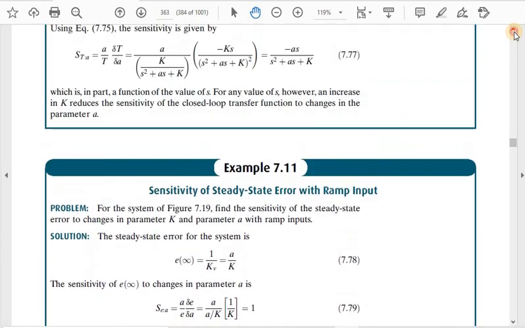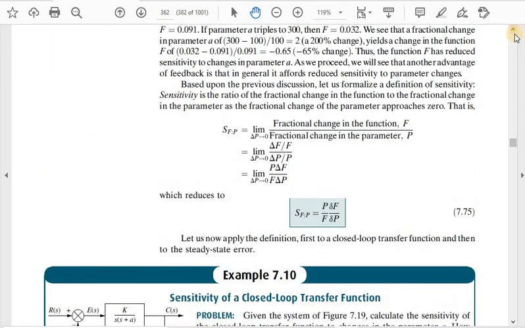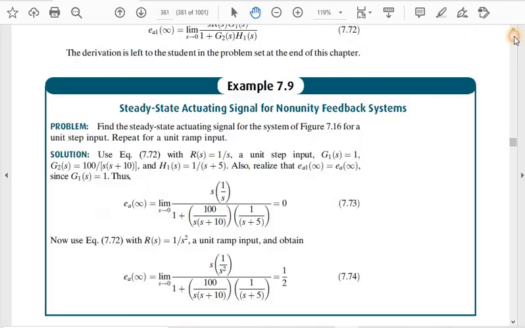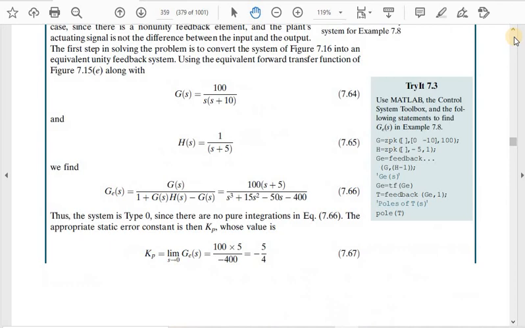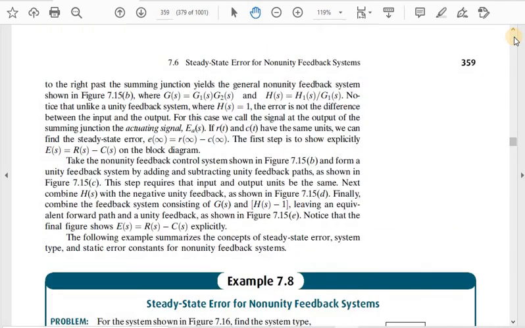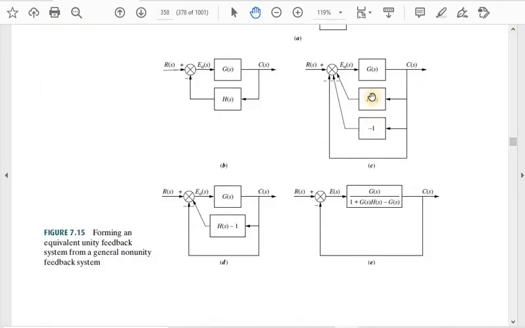After that, we discussed a topic based on non-unity feedback transfer functions. In that case, we have to convert it. How do we convert it? We just put 2 extra loops in it, one with -1, the other with 1. So the main idea is we introduce these 2 loops, and when we do that, they become parallel, so we can add them.